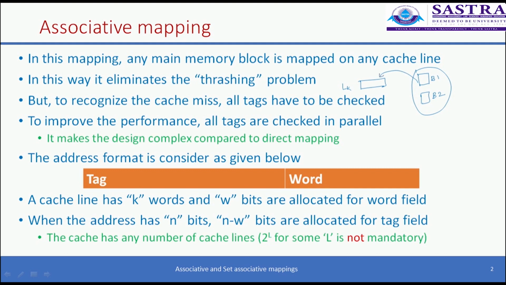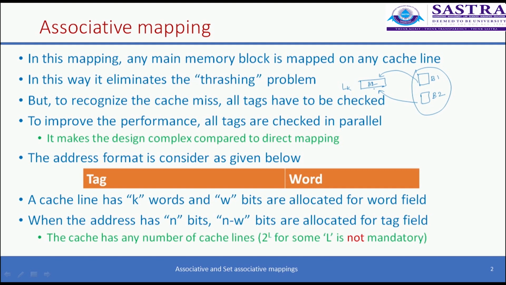Imagine B1 is on this line. Now the processor wants to access B2. B1 should be moved to main memory and B2 should be written on this cache, meaning a cache miss occurs.